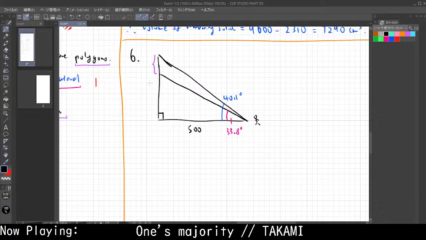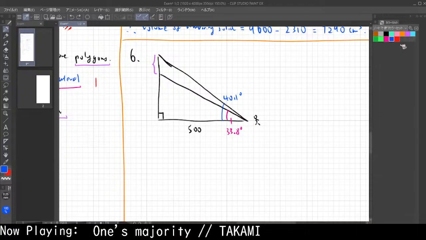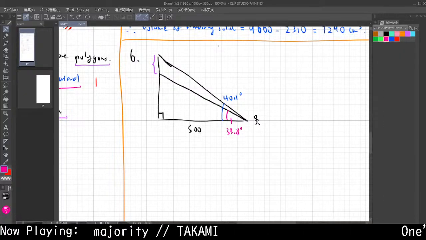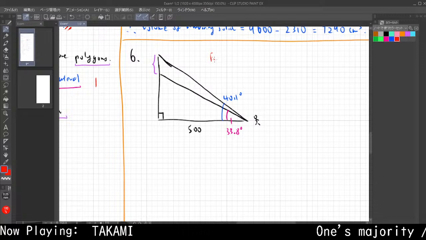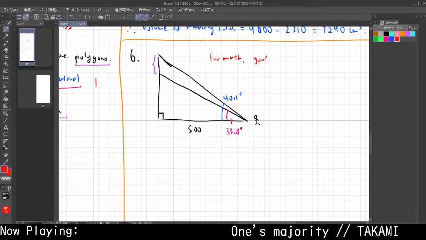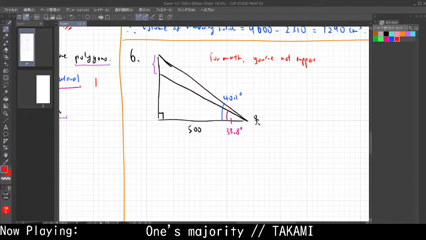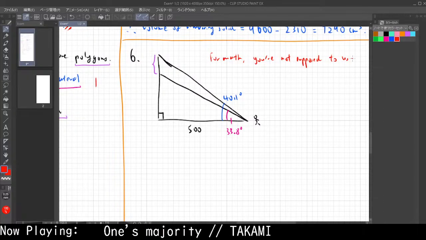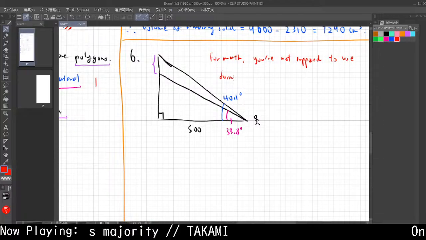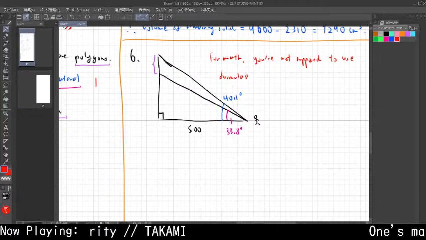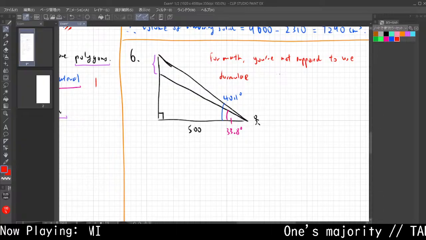But the thing is that for math, you are not supposed to use formulae. It's not formulas, by the way, it's formulae. The exact plural is formulae.